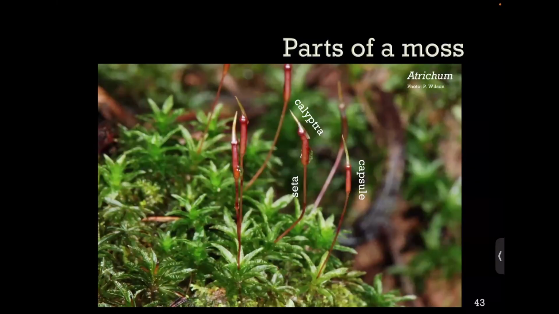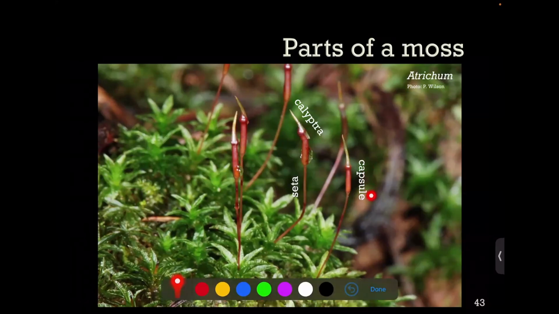So I think it's helpful to point out some of the parts of the moss. And we'll start with the sporophytes. So there's a capsule, and then the capsule is on a stalk. The stalk's called a seta. There's also a little hood on top of the capsule called the calyptra. And the calyptra, this is like a question I would ask my students: is the calyptra gametophyte or sporophyte?